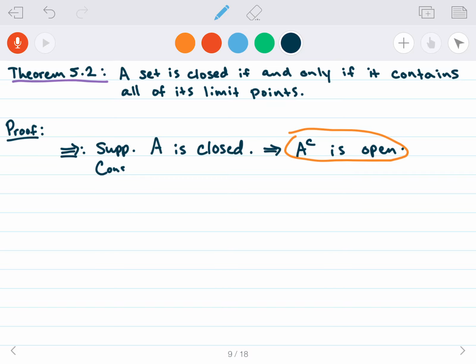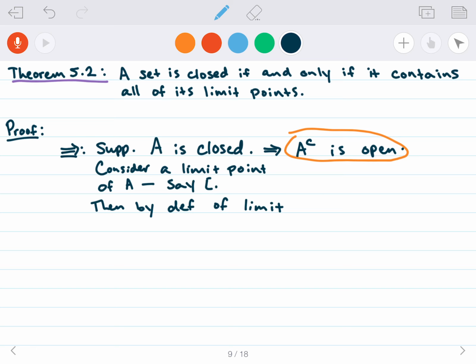So consider a limit point of A. Say this limit point is called L. Then, by the definition of limit point, just by our previous definition, there exists a sequence a sub n in A which converges to L. That's what it means to be a limit point.